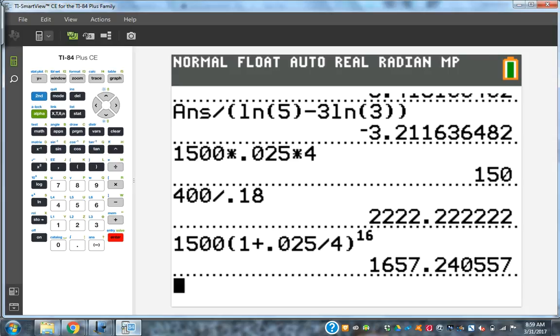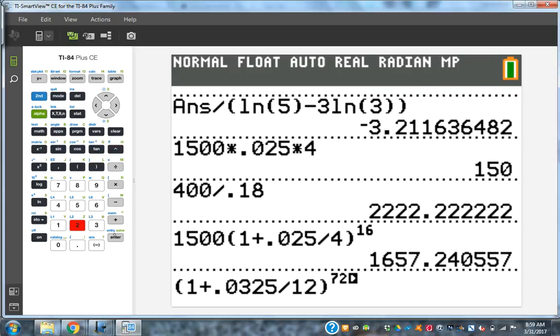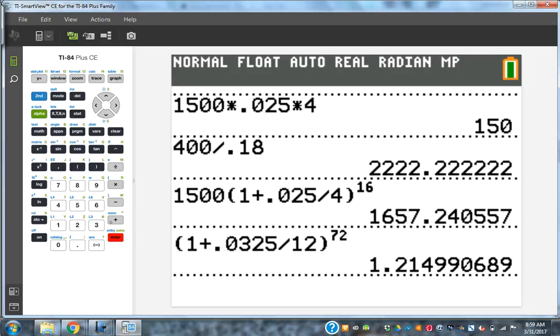You can do it. You're going to have to get that number eventually anyway. If you wanted to, in your calculator, figure out what 1 plus 0.0325 divided by 12 raised to the 72 power is, just don't round it until the very end.